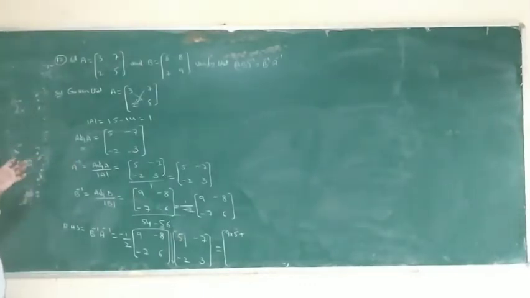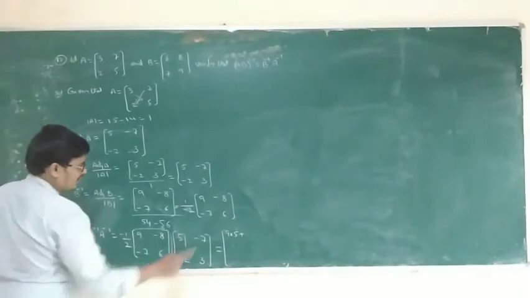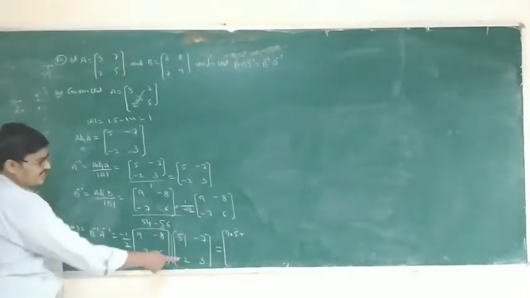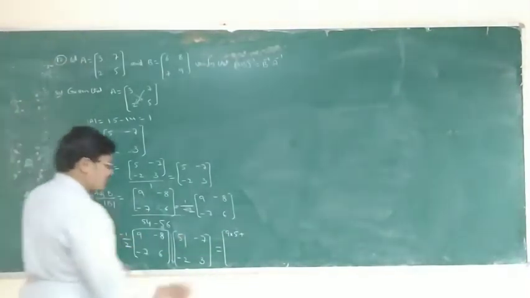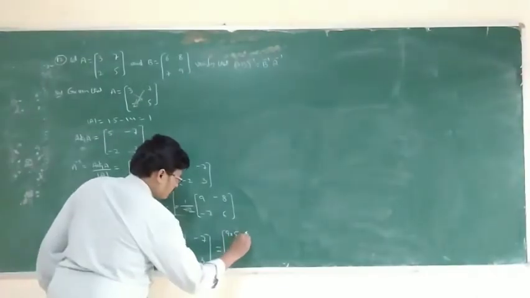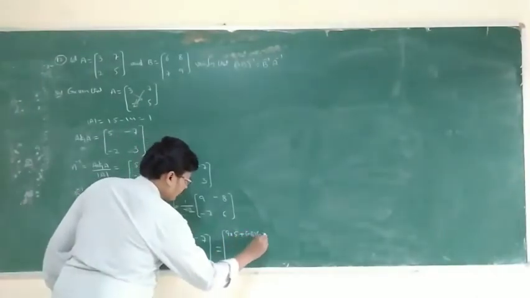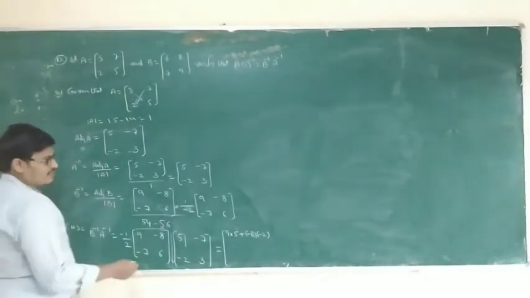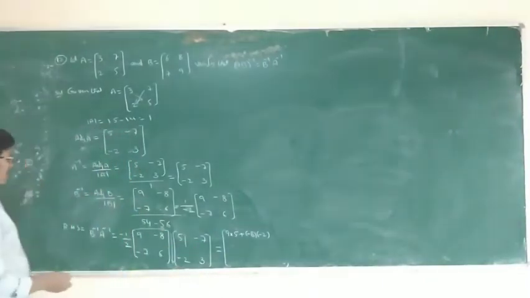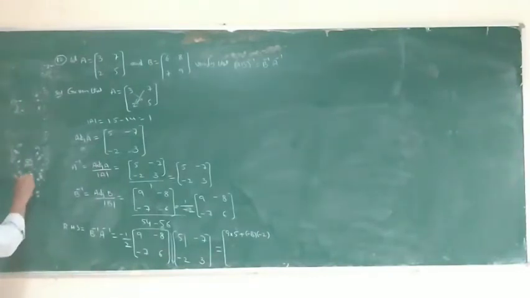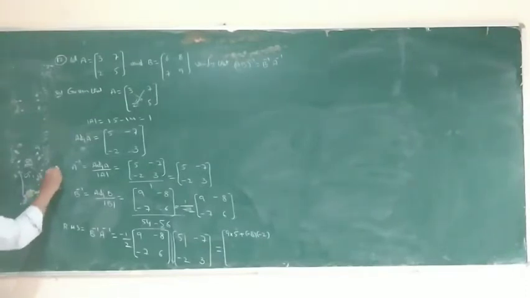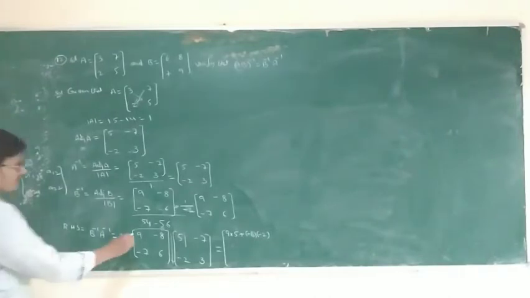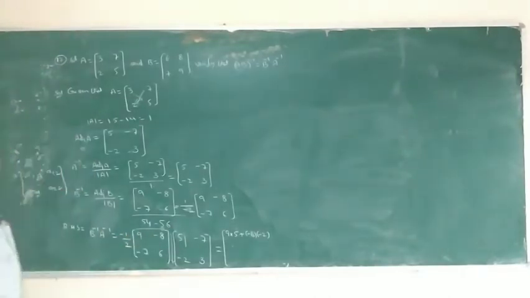So 9 into 5, 45, plus minus 8 into minus 2, plus 16. So the first element is completed. This is the first element in the 2 by 2 matrix: A11, A12, A21, A22. A11 means first row, first column.